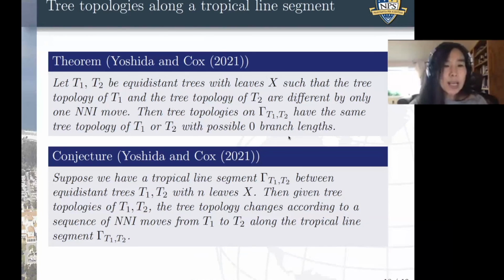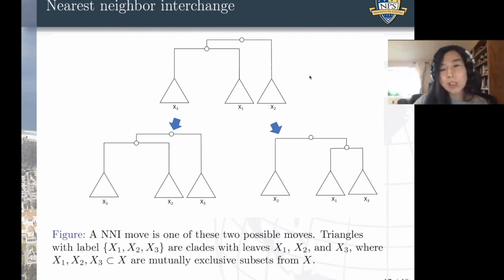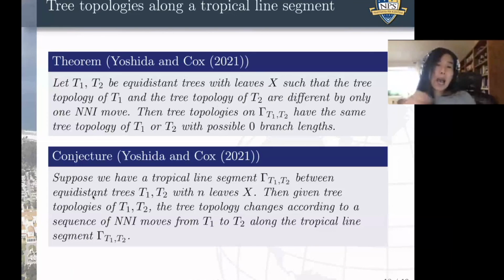Another theorem we showed was that if we have two equidistant trees, and suppose they only differ by one nearest neighbor interchange move, so T1 might be this one and T2 might be this one, then all tree topologies along the tropical line segment between those trees have tree topology equal to T1 or T2, or some branch length is 0.